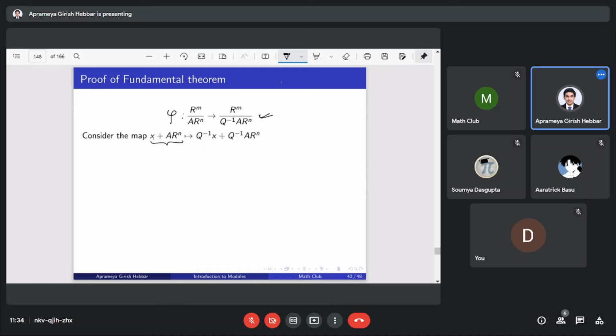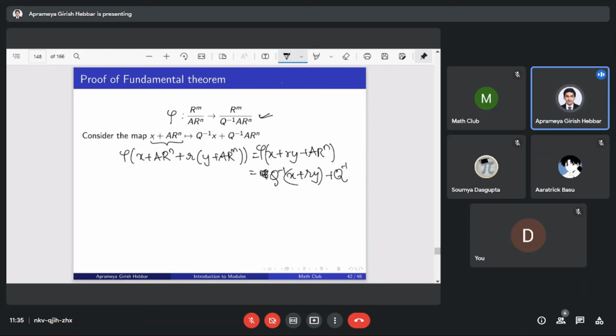Now, firstly, you can easily check that this is a linear map. I'll just do it very quickly. If I have x plus ARⁿ plus r times y plus ARⁿ, then this is x plus ry plus ARⁿ, and this is nothing but Q inverse x plus ry plus Q inverse ARⁿ.